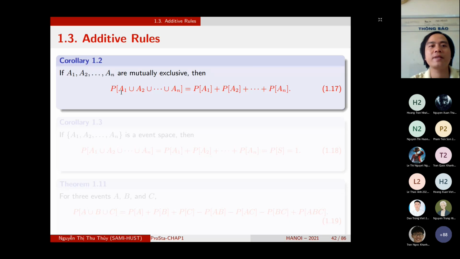So the probability of the union of n mutually exclusive events can be computed by taking the summation of the probability of each event, okay. So we can say that the probability of A1 union A2 union up to An equals P(A1) plus P(A2) plus up to P(An), okay.